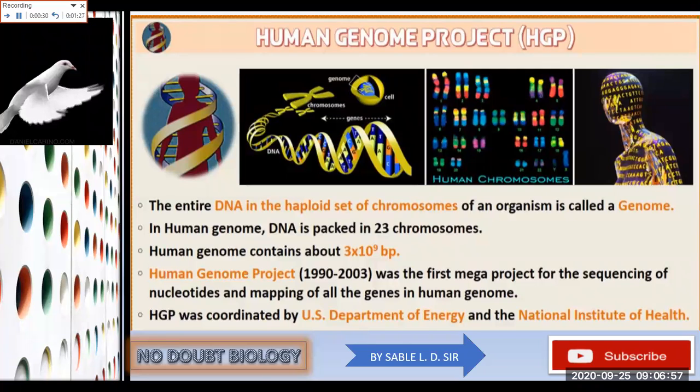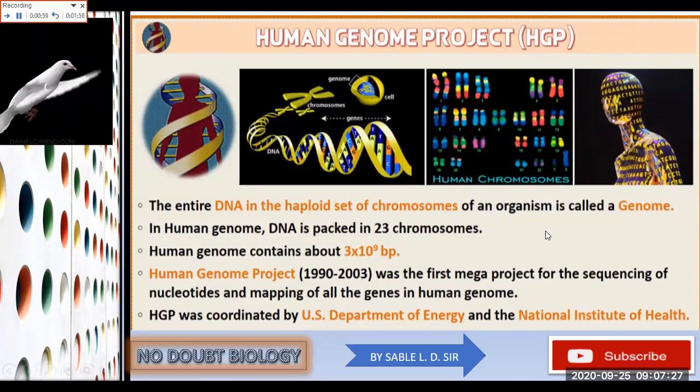So genome is nothing but a set, that is, the haploid set of the chromosomes, for example, in human beings. But when we get the chromosomes in the diploid condition, the pairs come together, so that goes from the haploid to the diploid condition, right?